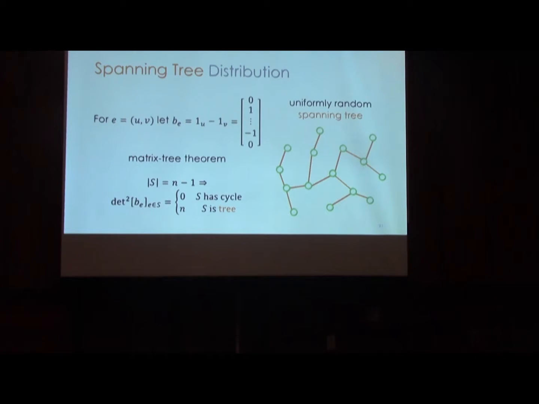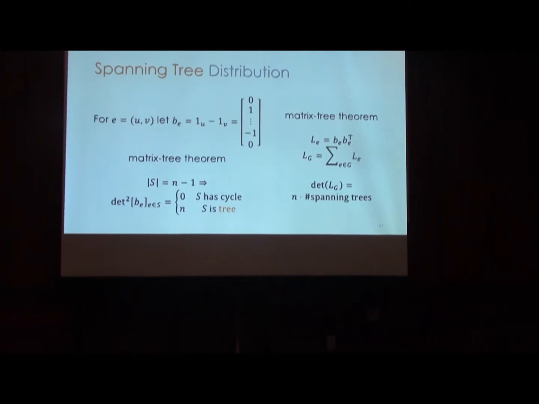So this in particular implies that the uniformly random spanning tree is a determinantal distribution and also a strongly Rayleigh distribution. Here's another way you might have seen the matrix tree theorem.